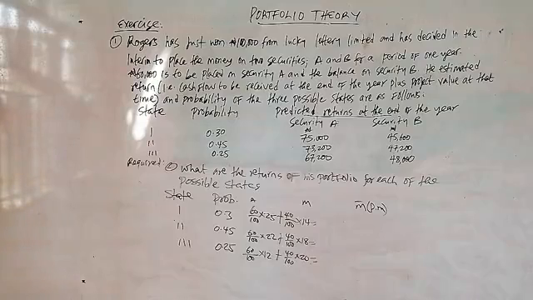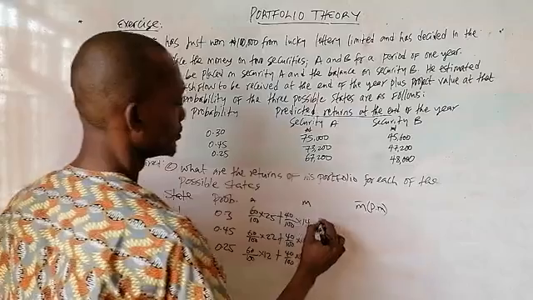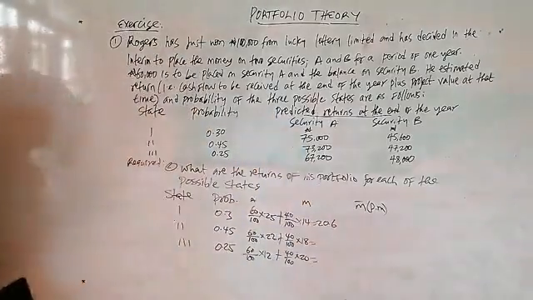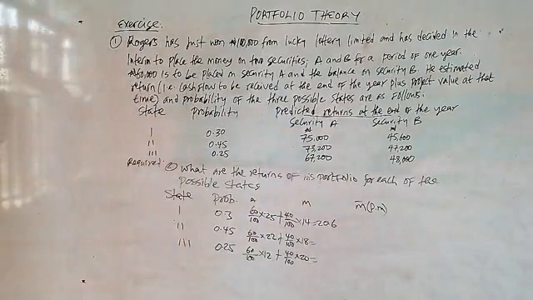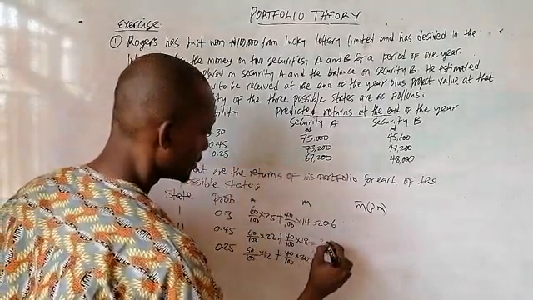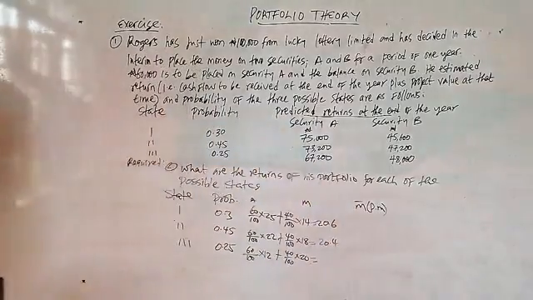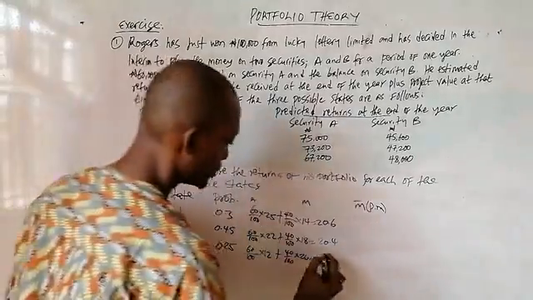When you compute it, you have the solution as follows: 20.6, then 20.4, and 15.2.